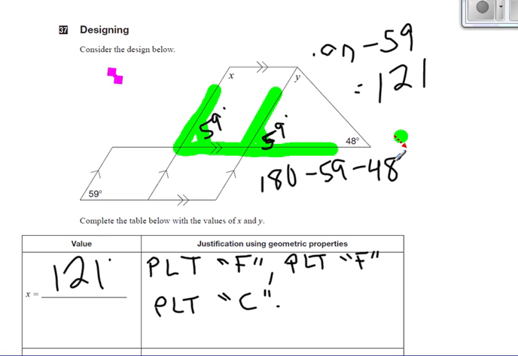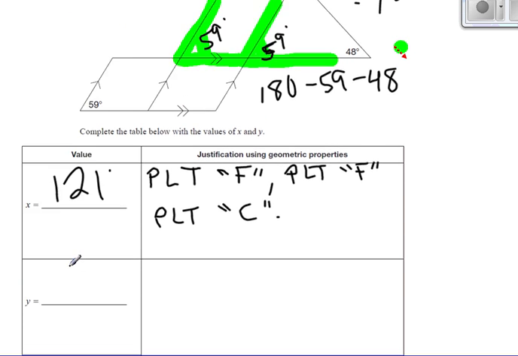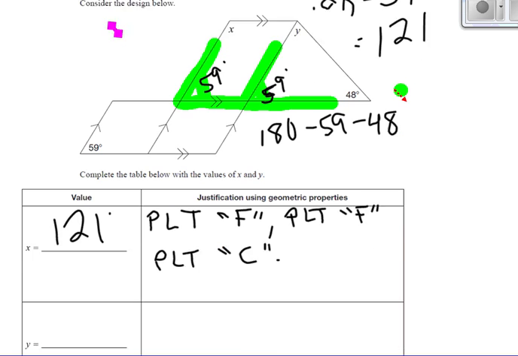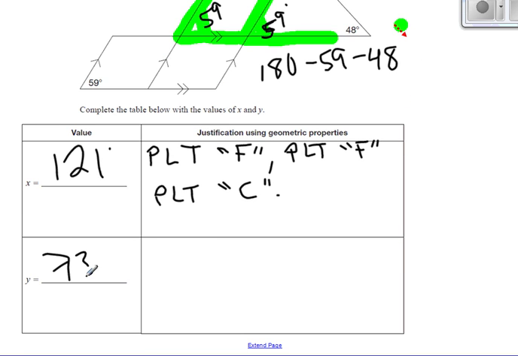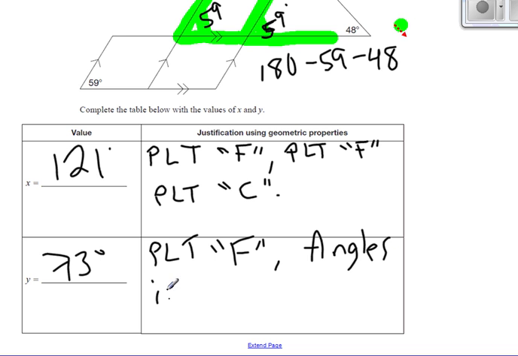So 180 minus 59 minus 48 is 73. So let's go down here. Y is 73 degrees. How would I justify it? I would say parallel line theorem F pattern. And then I would say angles in a triangle add to 180.